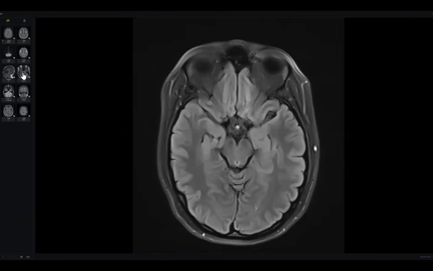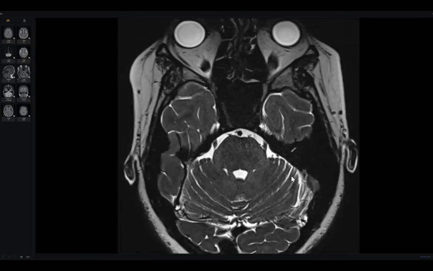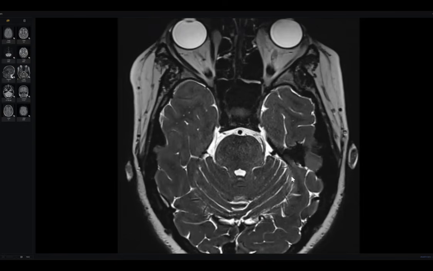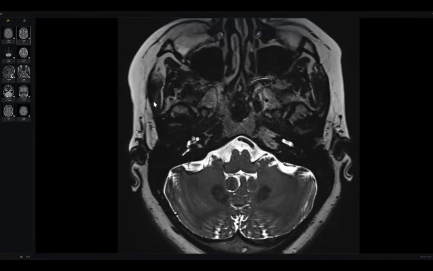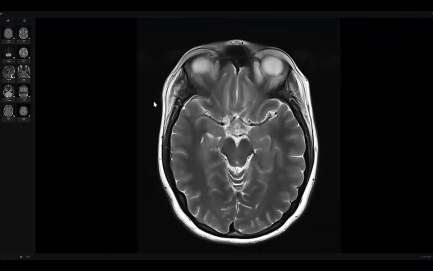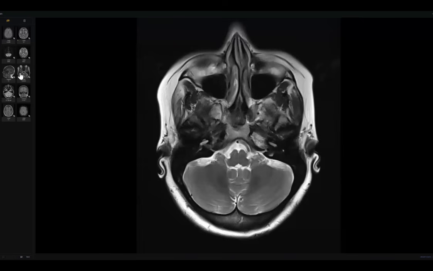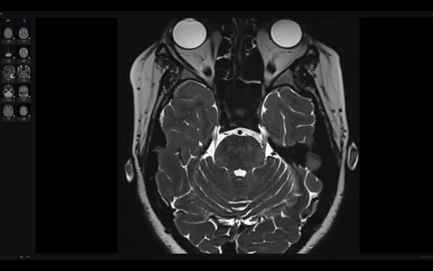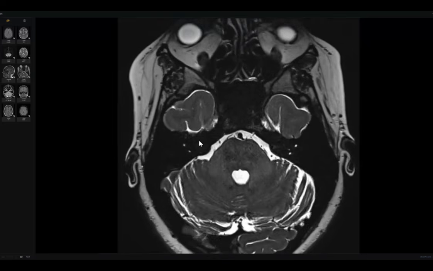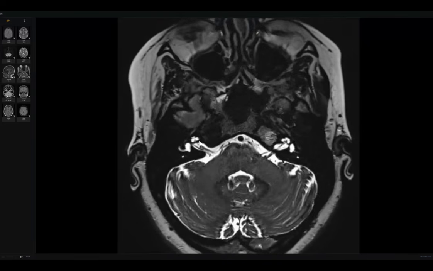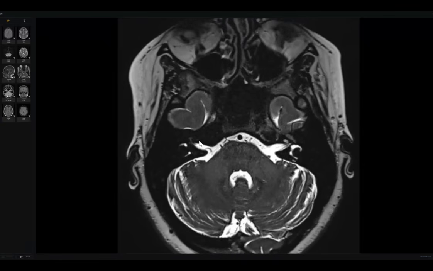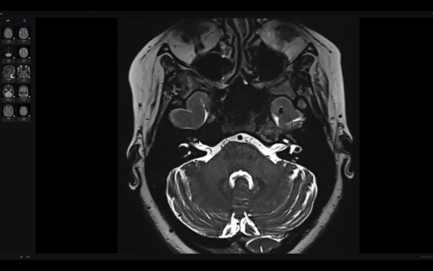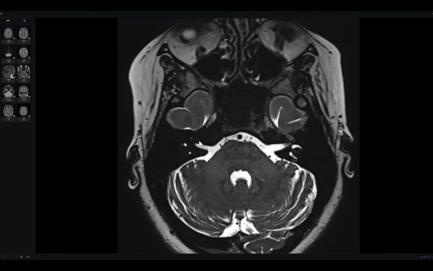From the beginning, you must ask for this one, the CISS or FIESTA cube. From the beginning, ask for a magnified, high resolution view of the petrous bone like this. Why? The examiner wants to assess whether you do a lot of practice or not.